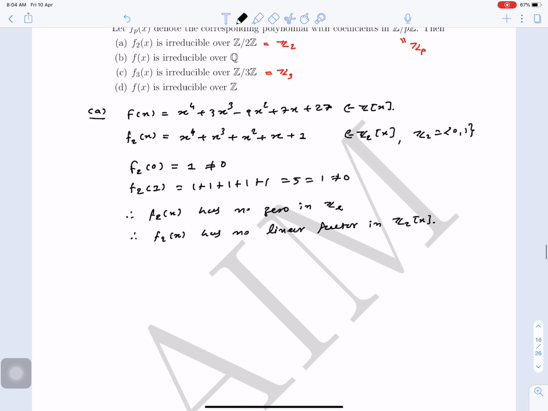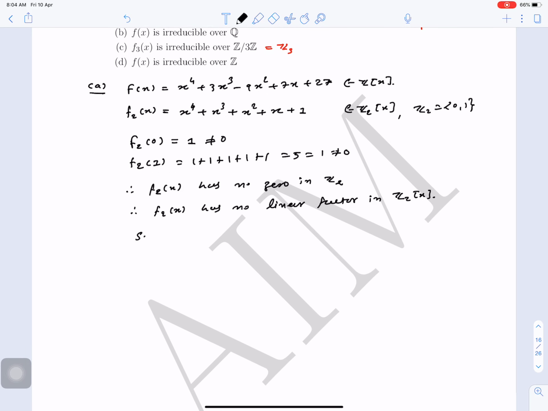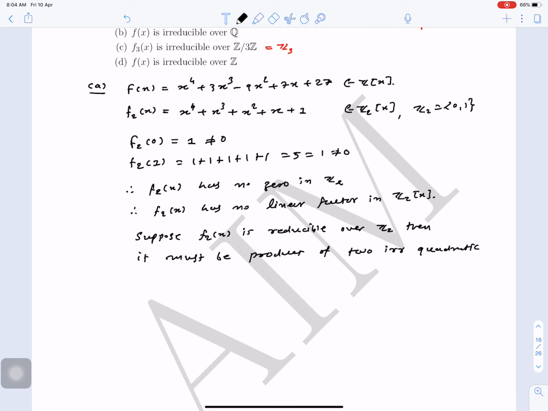So suppose f2(x) is reducible over Z2, then it must be a product of two irreducible quadratic polynomials in Z2[x].